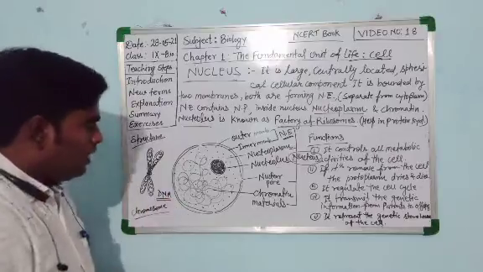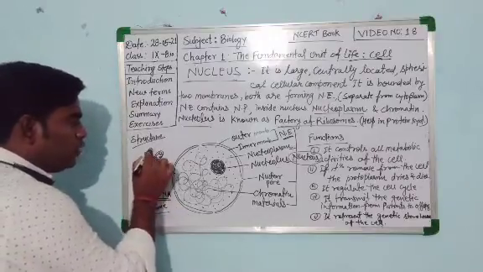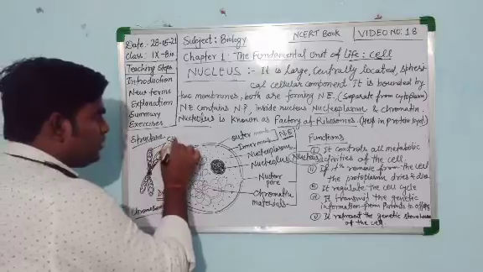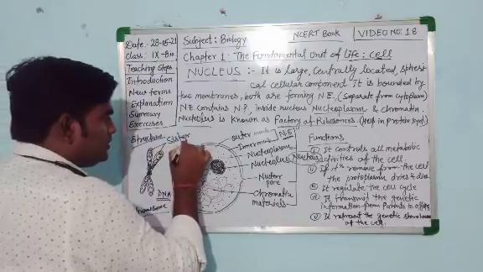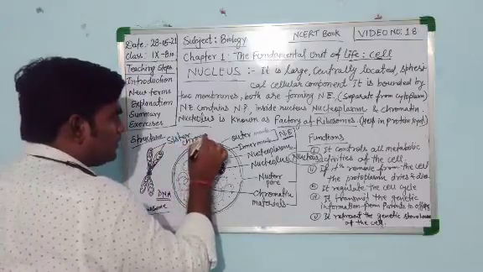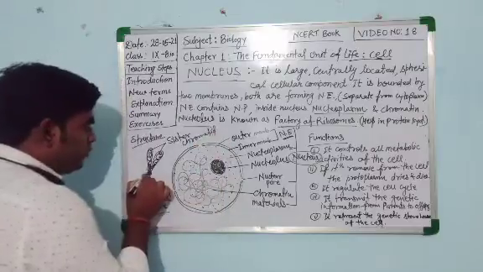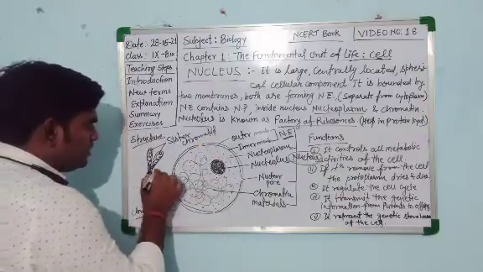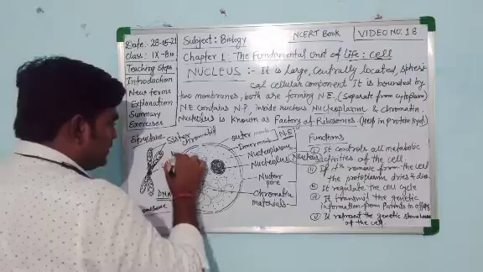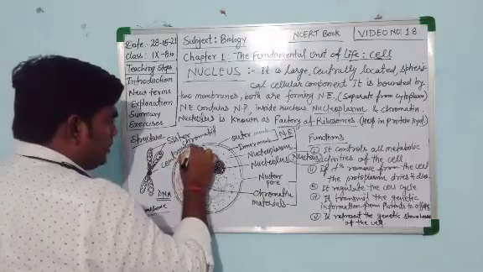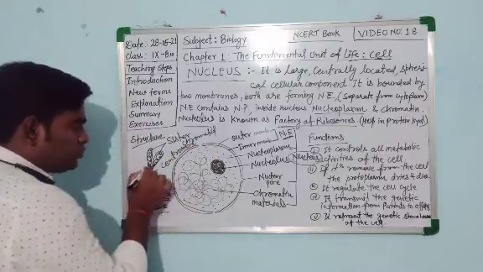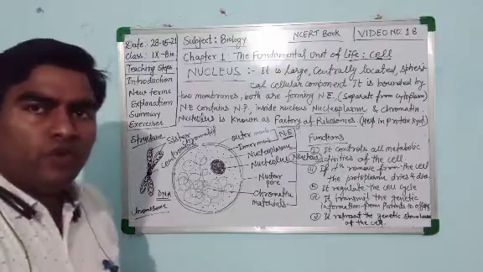Okay, this chromosome has two arms. These are the sister chromatids, and the center point of the chromosome is known as centromere. Okay, this chromosome contains the genetic information or DNA.